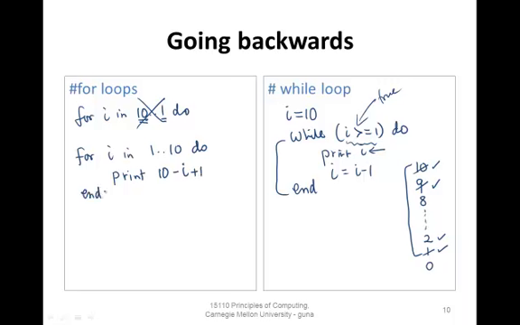All right, let's see what happens here. I always goes 1, 2, 3, 4 like that in a for loop. So when I equals 1, it will print 10 minus 1 plus 1, which will print 10. When I equals 2, it will print 10 minus 2, which is 8, plus 1, that would print 9.